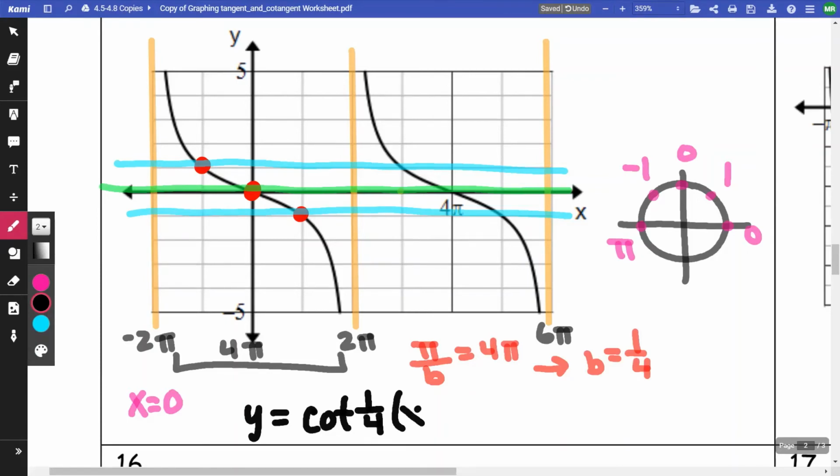And then I'm going to have x plus 2 pi to shift my normal x equals 0 over to the left 2 pi. And that is going to be an equation.